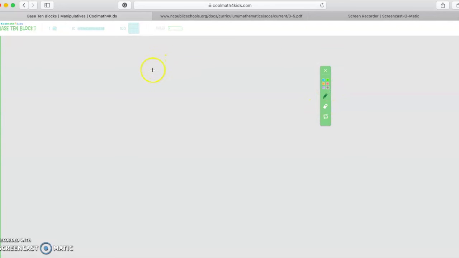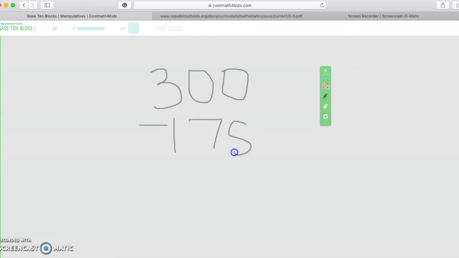So I'm just going to go ahead and write out my problem, which is 300 minus 178. So the first thing I'm going to do is I'm going to look at my ones place, and I can't subtract 8 from 0, so I'm going to look at my tens to regroup, but I can't subtract 7 from 0, so I'm going to look at my hundreds, and I can regroup from there.